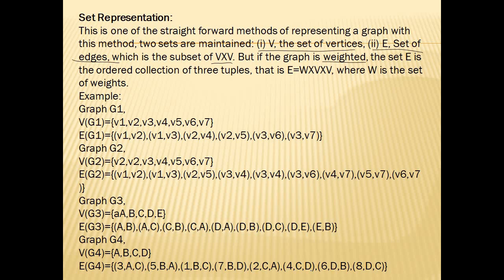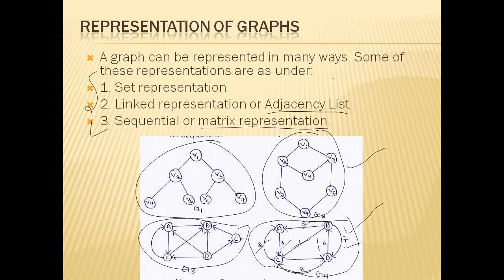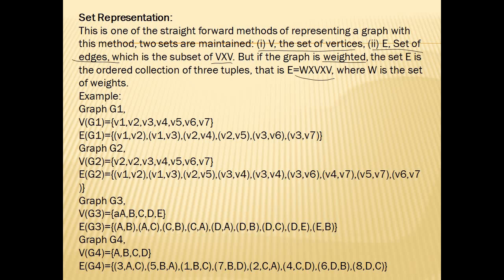If the graph has weights, E is an ordered collection of three tuples, so E equals W, V, V, where W is the weight. We already have four graphs, and these are represented with sets.